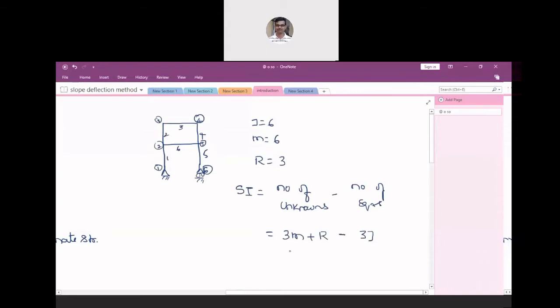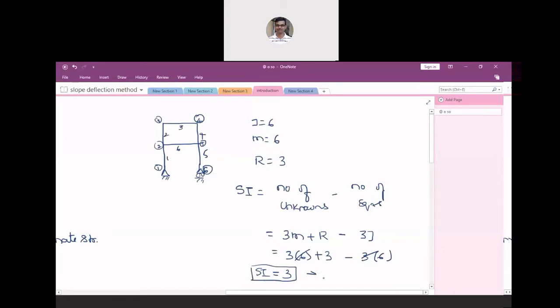Now if I substitute, number of members are 6, plus the reactions are equal to 3, minus 3 into number of joints, which is also equal to 6. So 3 into 6 and 3 into 6 will get cancelled. The degree of static indeterminacy is equal to 3.